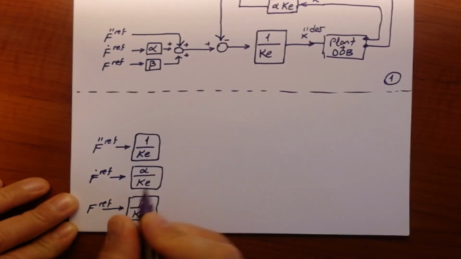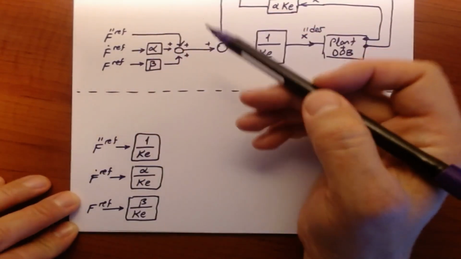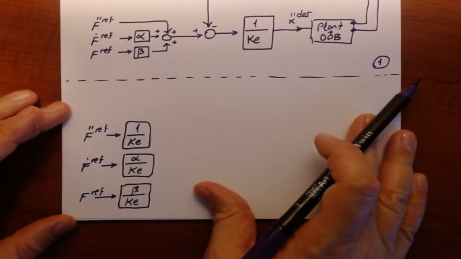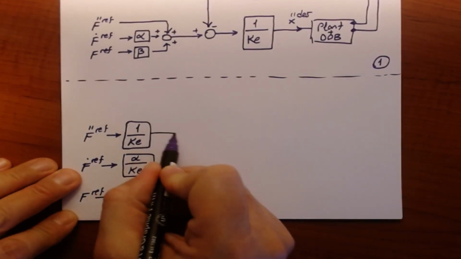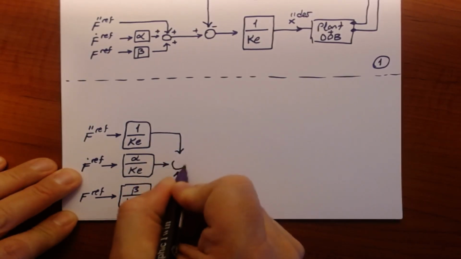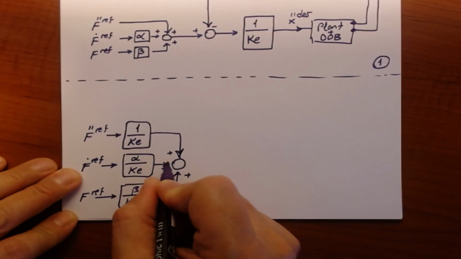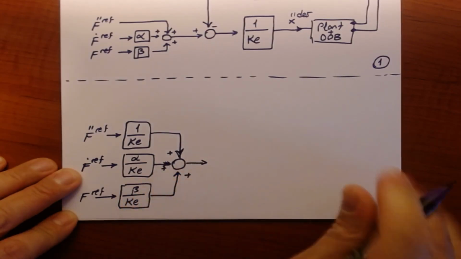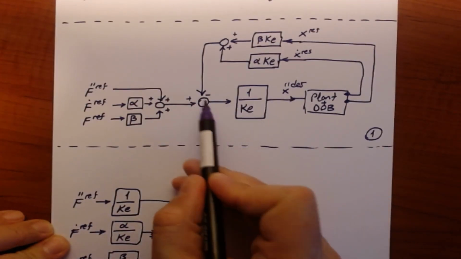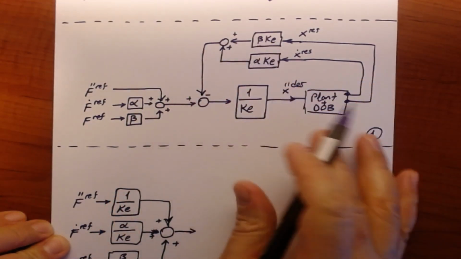What I did here is nothing but taking this KE out from this block and distributing over the components here and here. So we will add those three reference signals together. And then, as I will be distributing this KE before that summation channel, so it goes here as well, it should go to those two blocks.